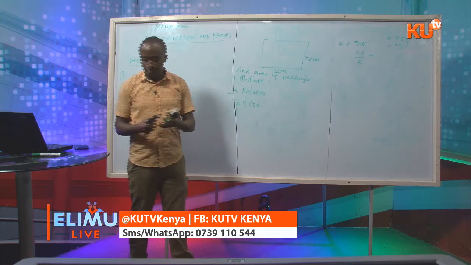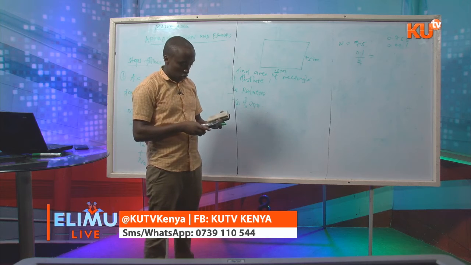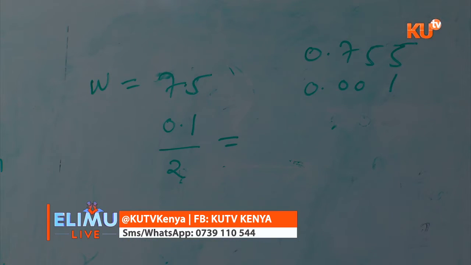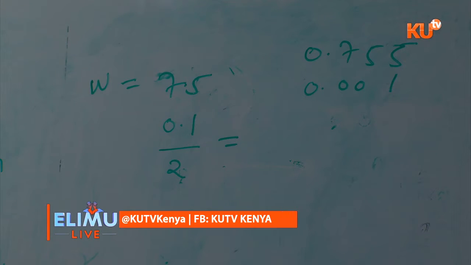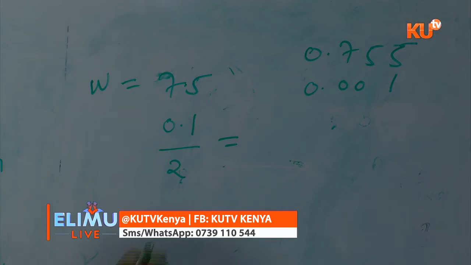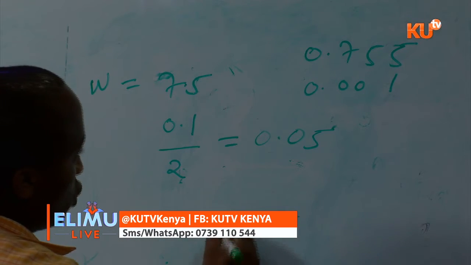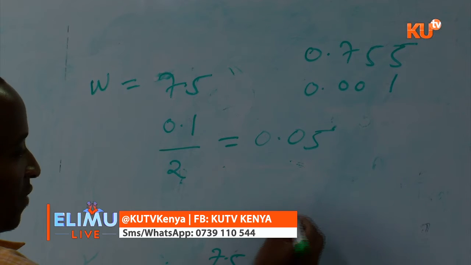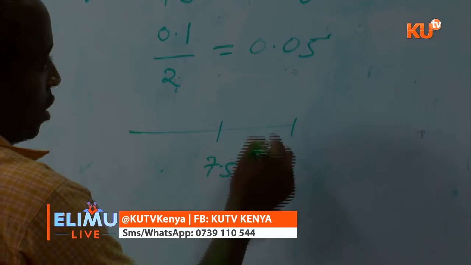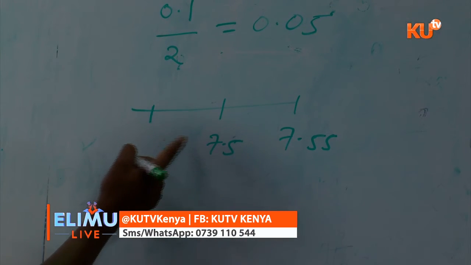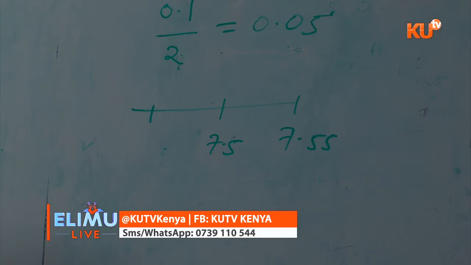So take your calculator there. 0.1, you divide by 2. Automatically it will be 0.05. So the upper bound is the actual number 7.5 plus 0.05, which is 7.55. For the lower bound, you minus 0.05 from 7.5.